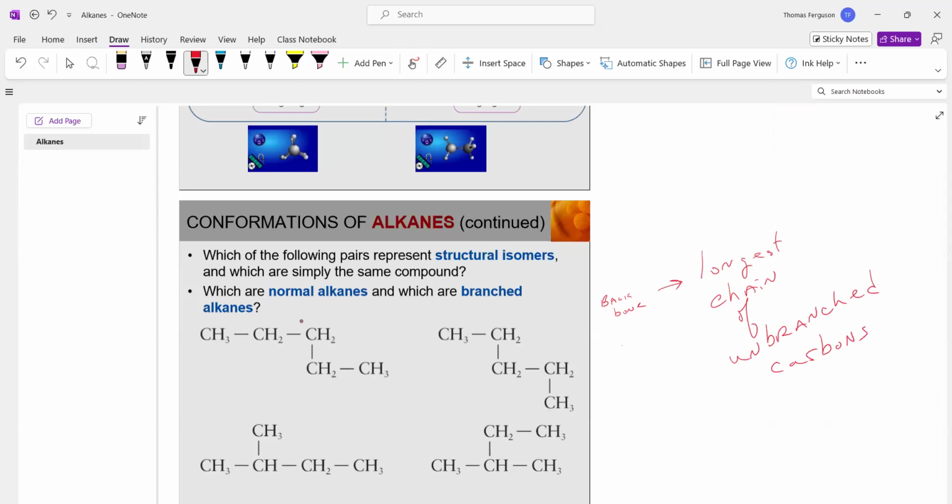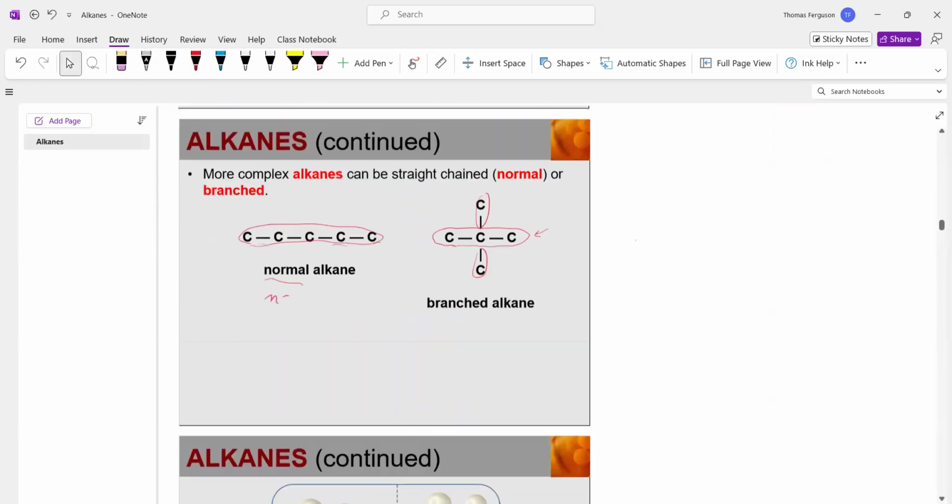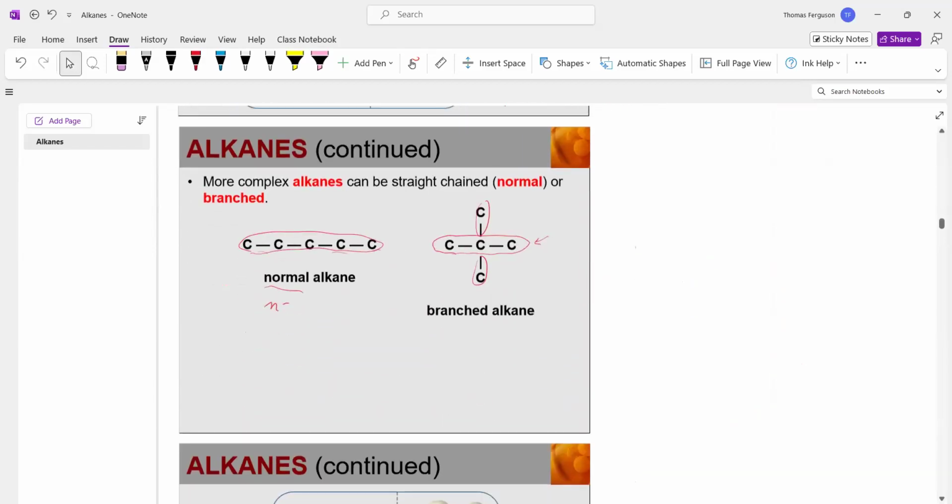When I say branched, that means we have carbons coming off of a main backbone. Here, there are no carbons coming off the backbone.